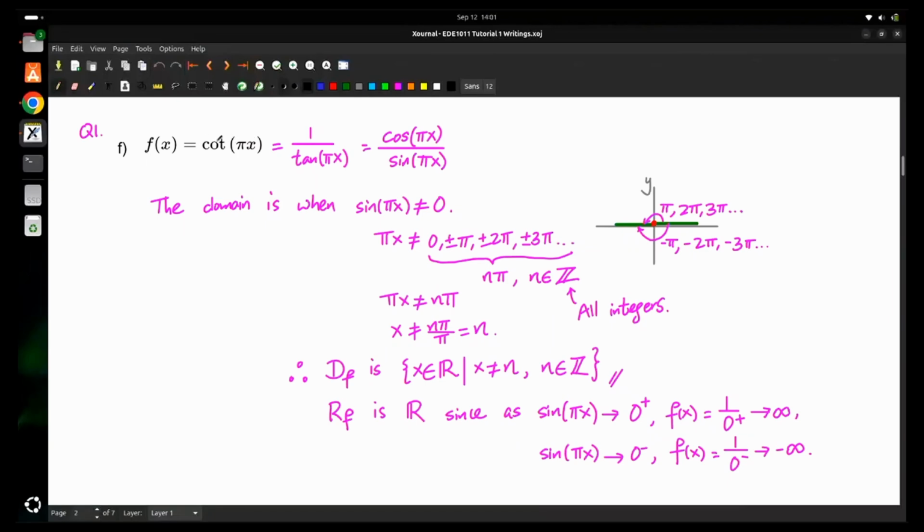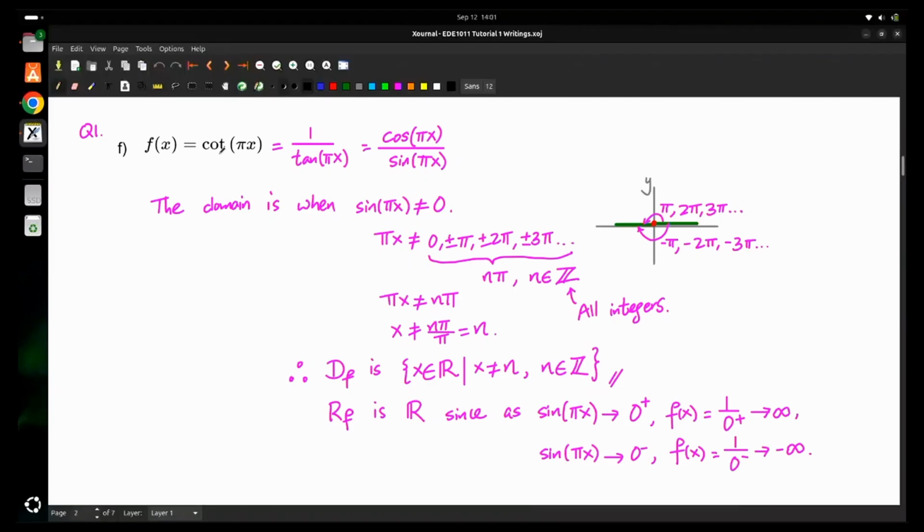I repeat that. So one way to evaluate the domain is to look at the values of x for which your function cannot give you a defined number. Then you just exclude those x values away, and that forms your domain. That's one approach of doing it.